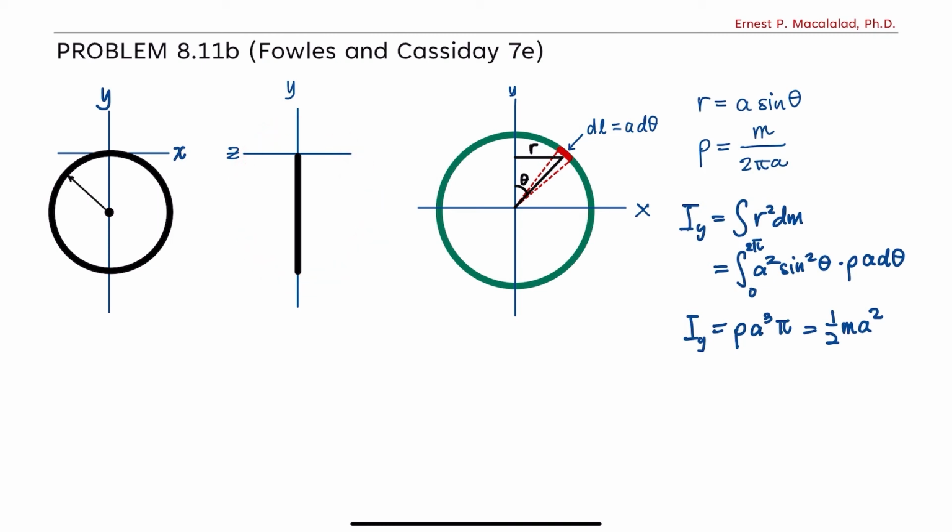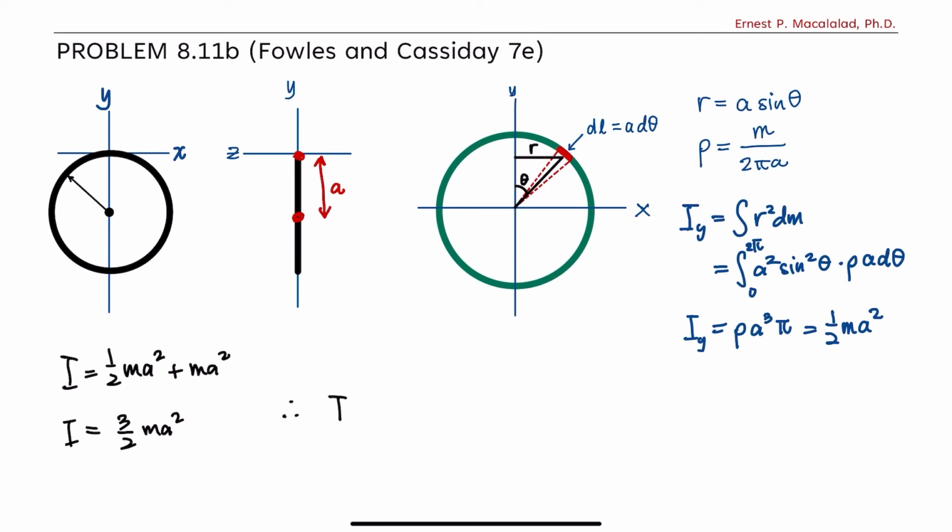By the parallel axis theorem, the moment of inertia will be equal to 1/2 ma squared plus ma squared, where a is the distance between the axis and the center of mass. Simplifying this, we have I equals 3/2 ma squared.